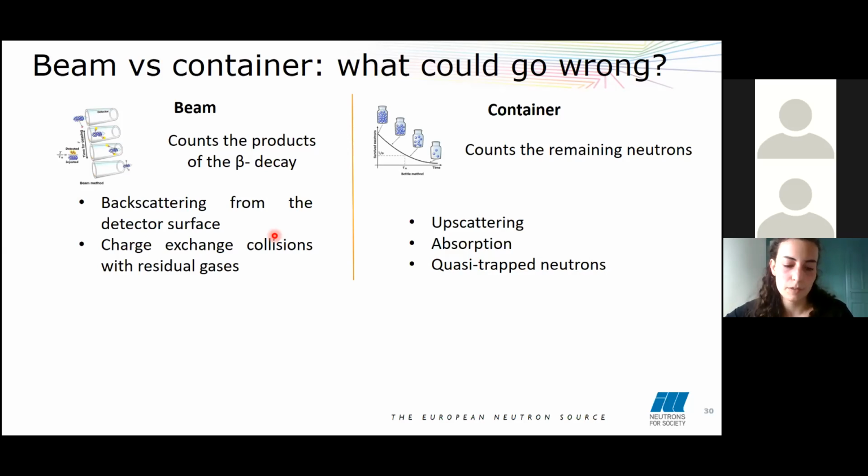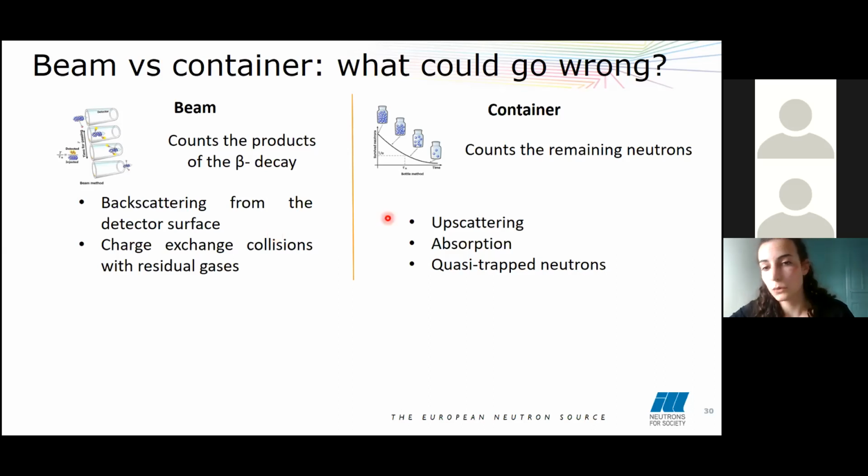This problem is mostly because of the wall material, which is responsible for it. For example, most materials exposed to the atmosphere develop a layer of hydrogen, which significantly increases the probability of cold neutron loss.